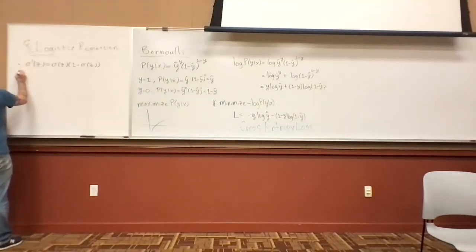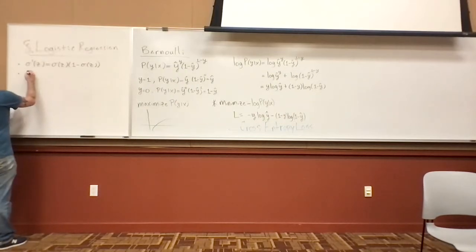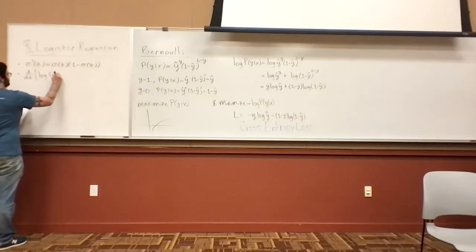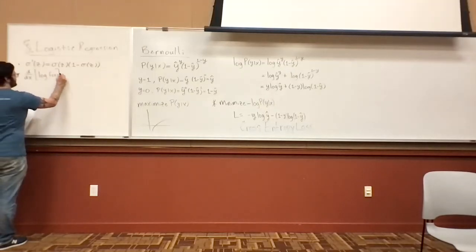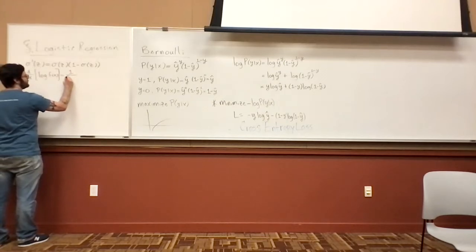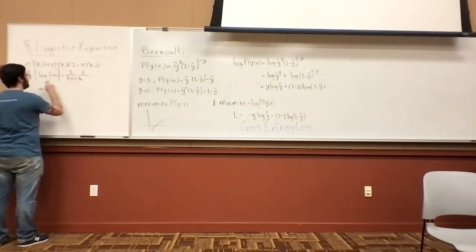Okay. And then also, what else? I wrote down a few things to recall, because I'm sure you forgot this. So d/dx of log of f(x) is equal to 1 over f(x), times 1 over the natural log of the base.